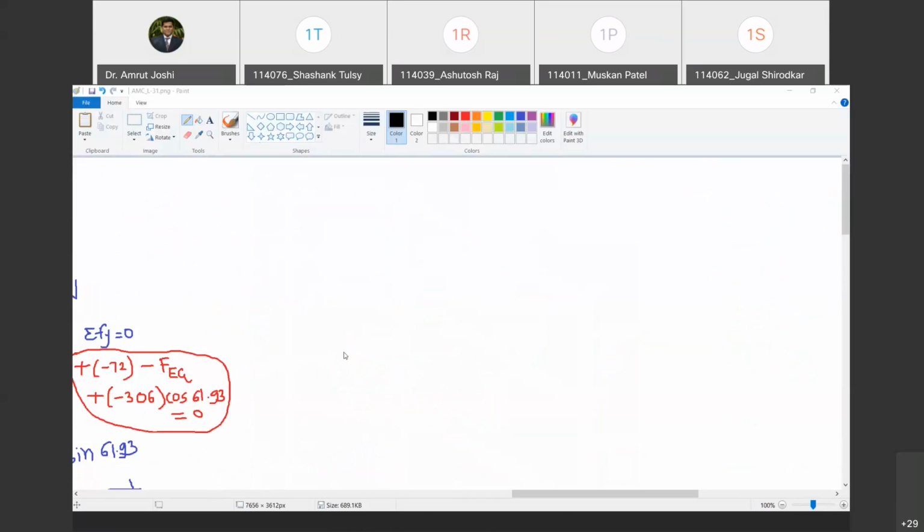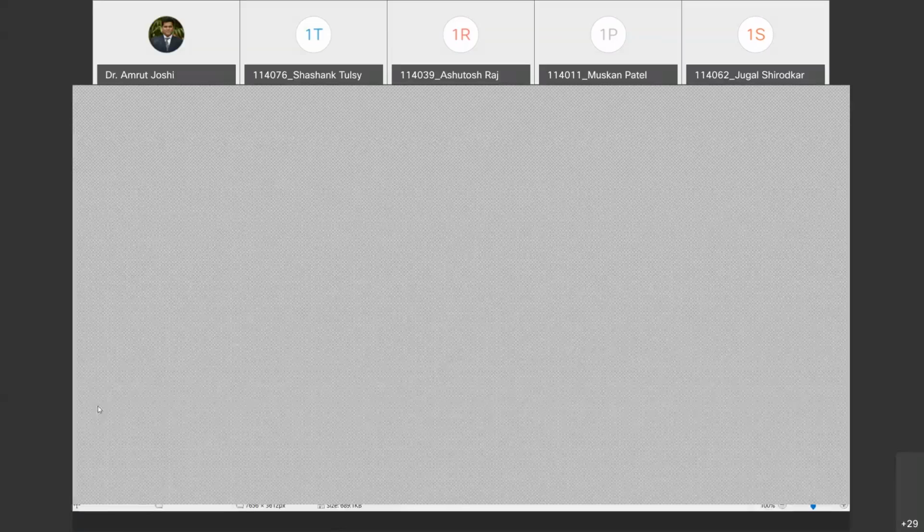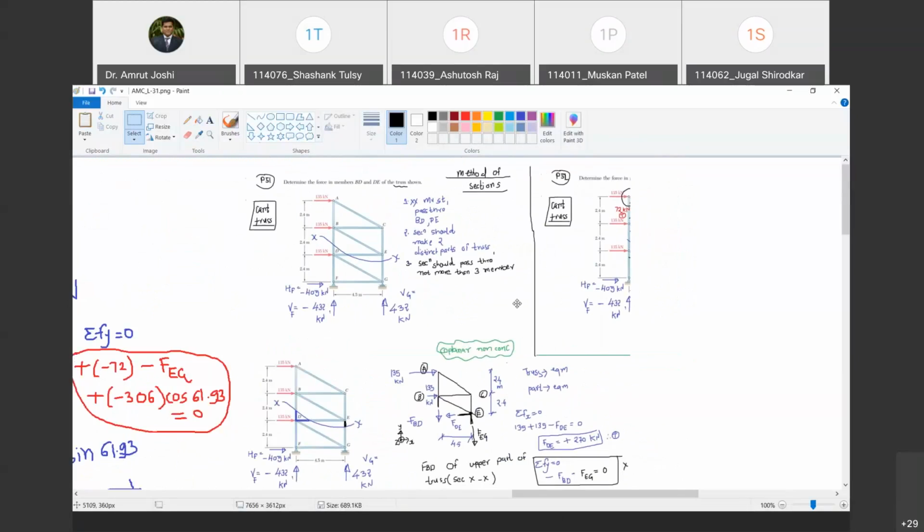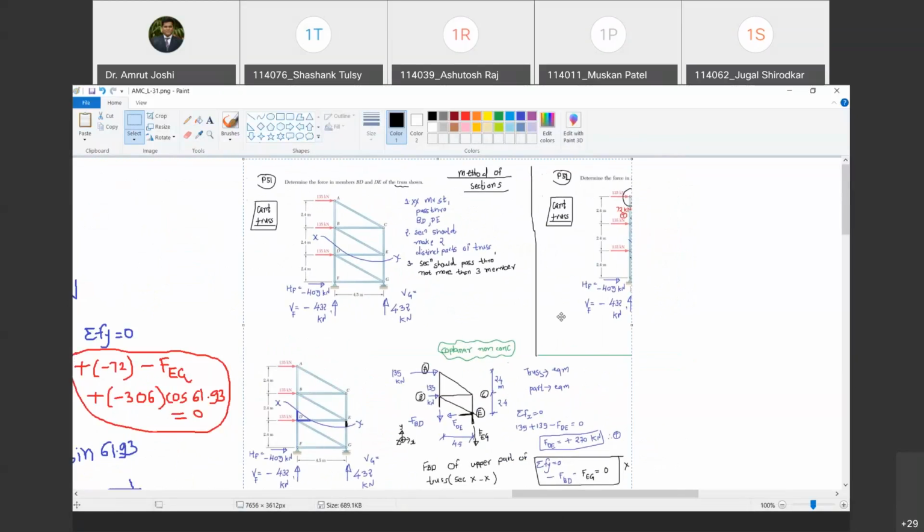हमने मेथड ऑफ सेक्शन से भी ये प्रॉब्लम सॉल्व किया है ना, उसका सॉल्यूशन मैं यहाँ पे पेस्ट करता हूँ. Let me paste it here. So don't worry about whether the handwriting is readable or not.